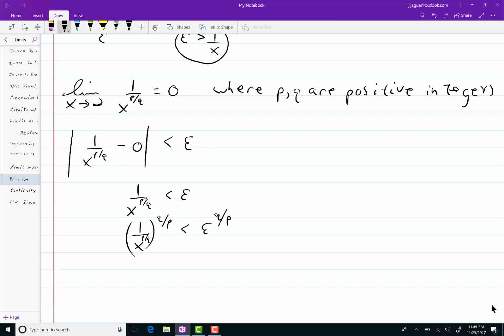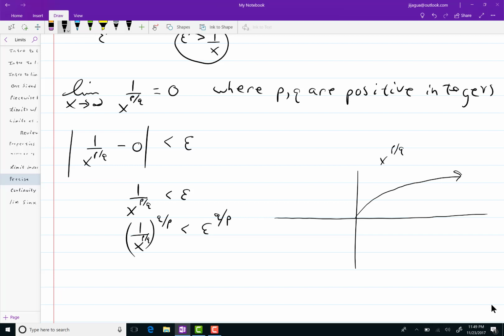Because when you're working with p over q, if you look at the graph of x to the p over q, many times, depending on what kind of number this is, it'll resemble something like this.